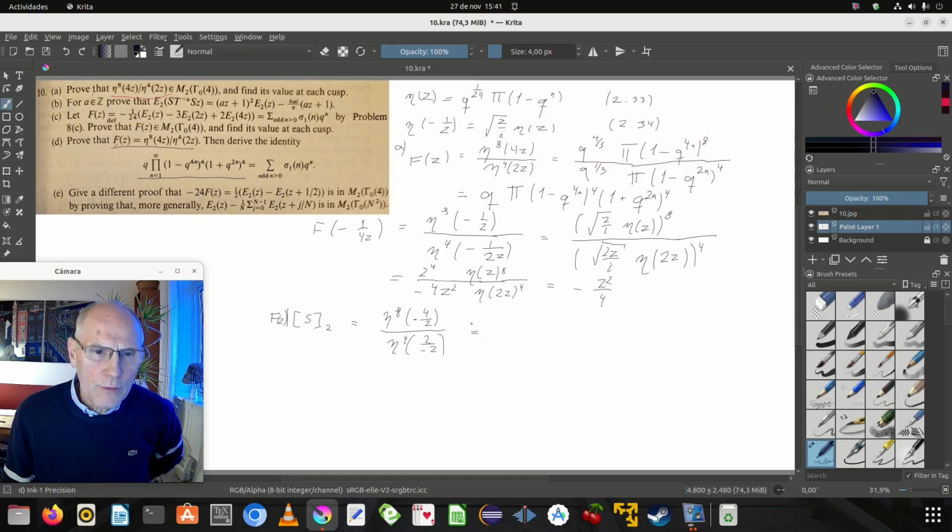So we use the transformation formula. Square root z divided by 4i to the 8th. Z divided by 2i to the 4th. Eta of z halves to the 4th.